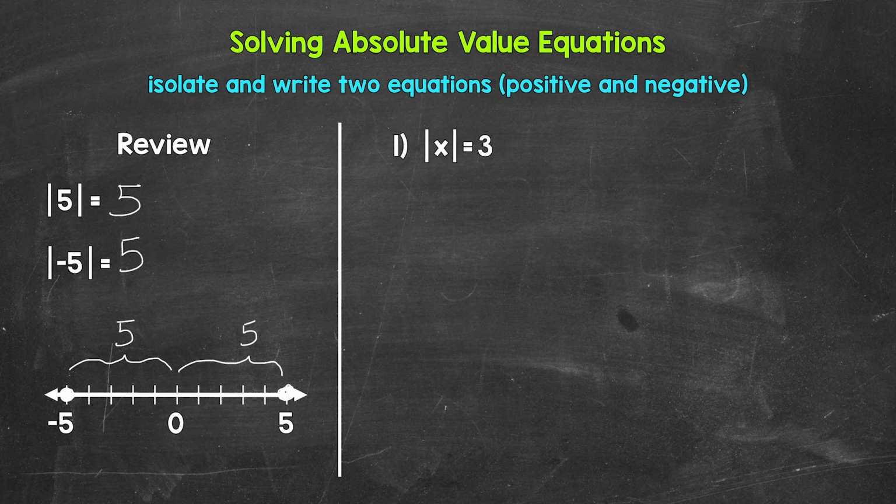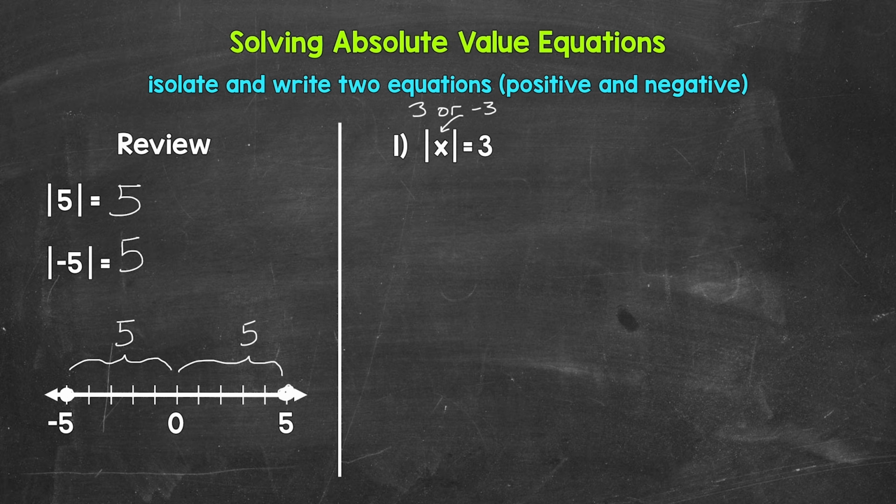Well, we have 2 possibilities here, 2 solutions. The absolute value of +3 equals 3, and the absolute value of -3 equals 3. Both of those work. So imagine having 3 or -3 here for x. Both of those are solutions. They both equal 3. The absolute value of 3 and the absolute value of -3 equal 3.